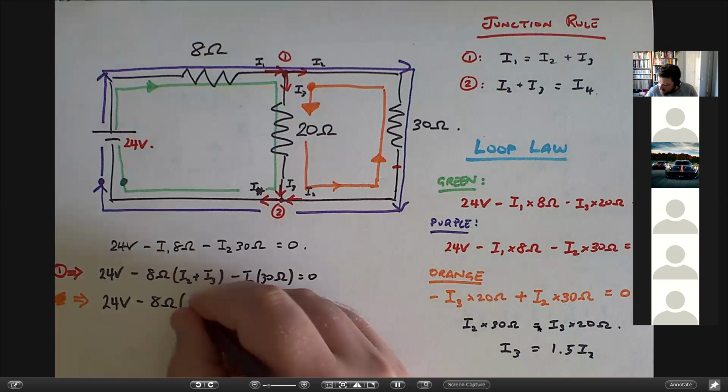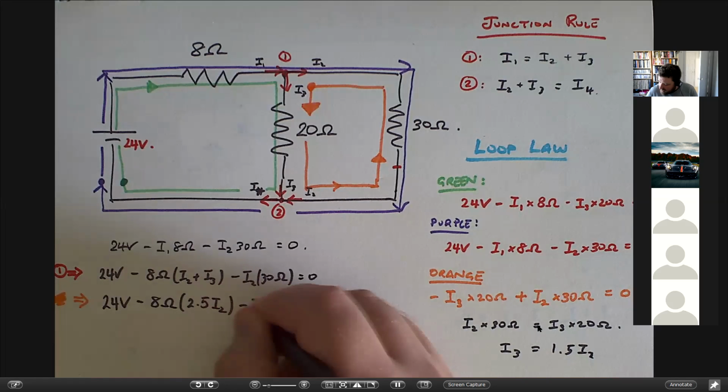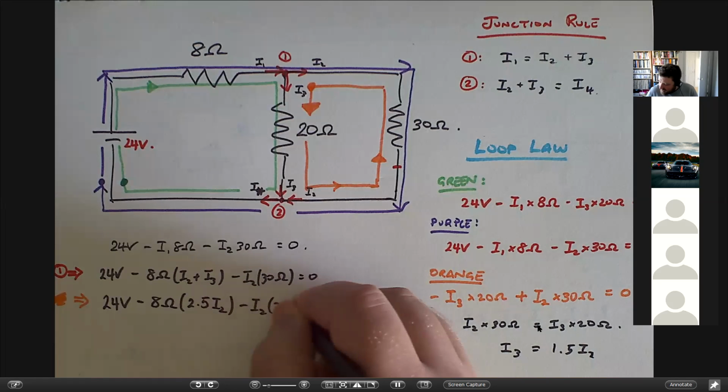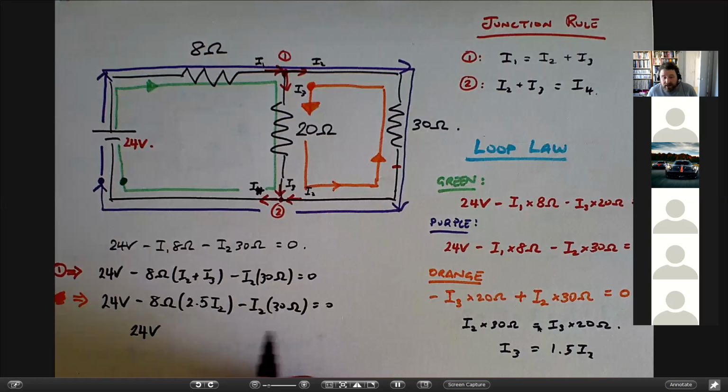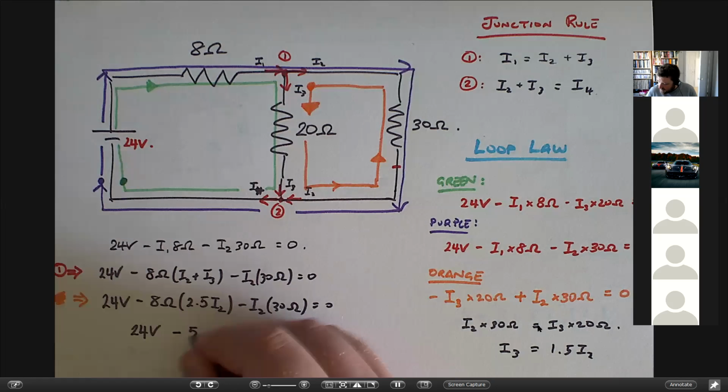So that's 2.5 I2 minus I2 30 ohms. We're getting there. We've only got one unknown here now, just I2. 2.5 times 8 is 20. So now we've got negative 50 ohms I2.